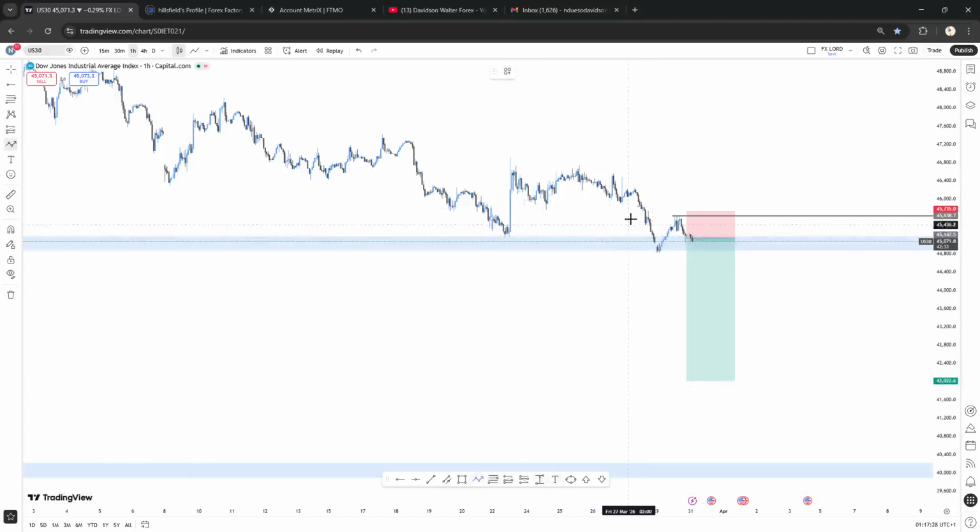Let me show you. I was waiting for the market to come into this support, because obviously this is a support level, then give me that pullback, that correction, then after the correction show me signs of continuation. Then I'll find my entry.